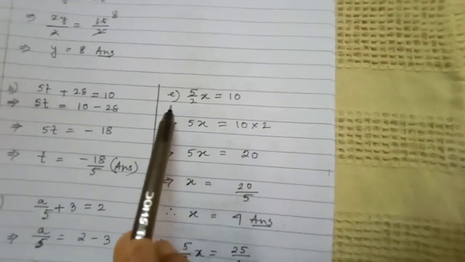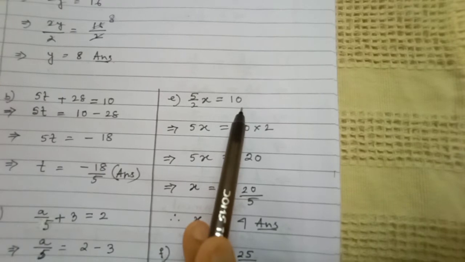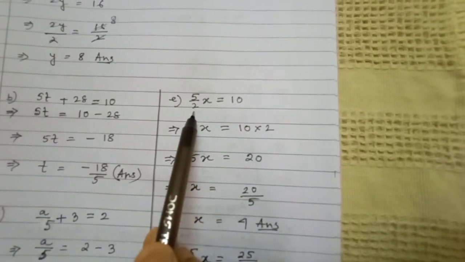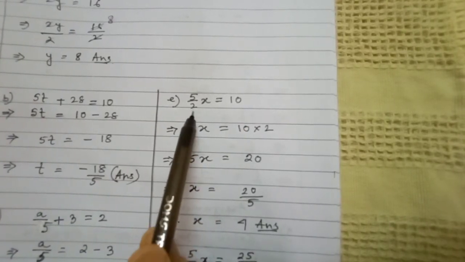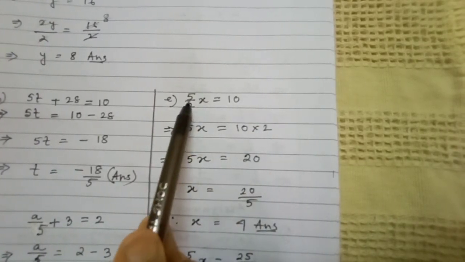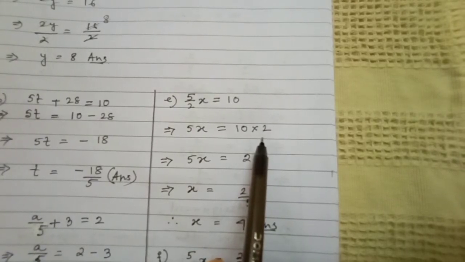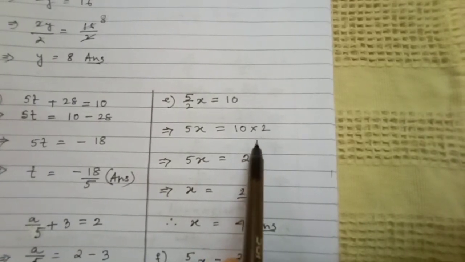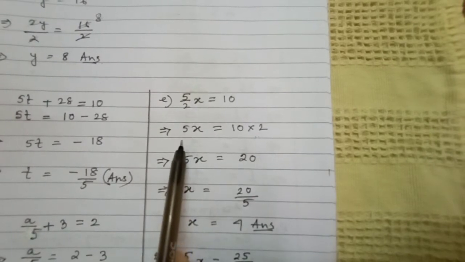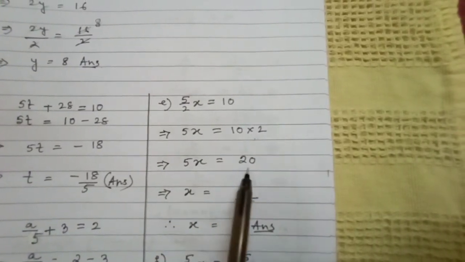Question number E. 5 by 2 x is equal to 10. So I will remove 2 first. It was a dividing condition here. If it goes to the right side, the division will go to the right side as multiplication, with a multiplication sign. So 5x is equal to 10 into 2. 5x is equal to 20.